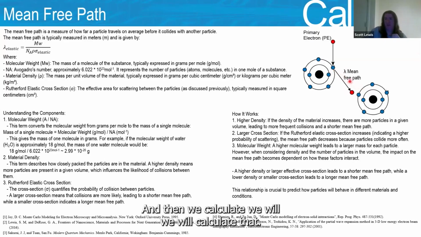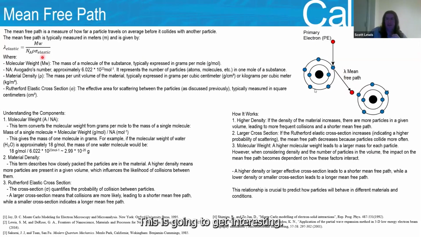And we'll calculate that. It's governed by this. So this is the molecular weight, this is Avogadro's number, this is the density, and then this is the elastic cross section, which we just went through.